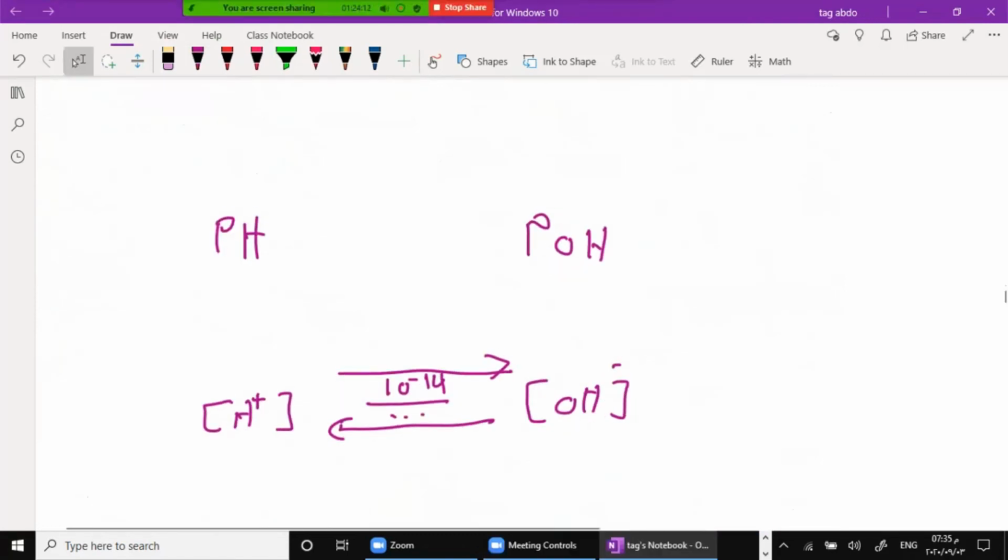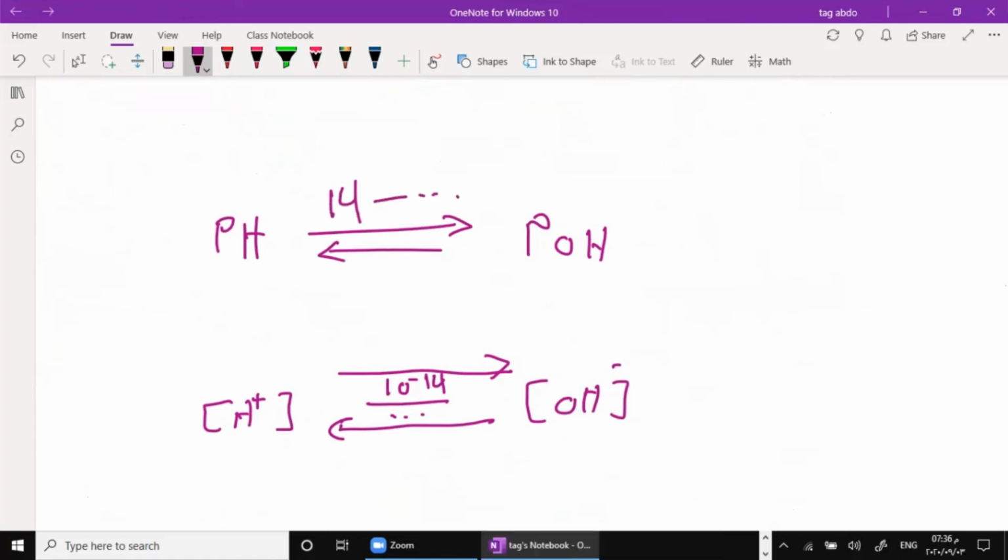Just for remembering this full diagram, from pH to pOH, we have to subtract the value from 14. From pH to H plus concentration, we put 10 to the minus pH value. From H plus to pH, minus log of the value.